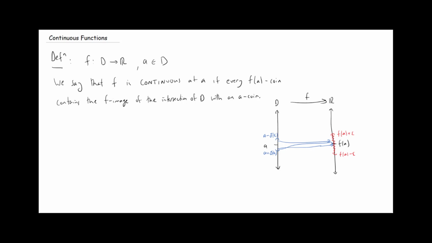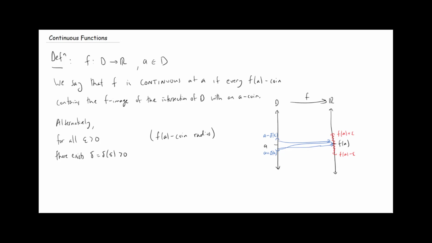Alternatively, okay, so we want to translate this f of a coin. So for all epsilon greater than 0, so that's our f of a coin radius, there exists some delta, okay, which depends on the epsilon, but we'll usually drop the of epsilon, once we've made this choice.